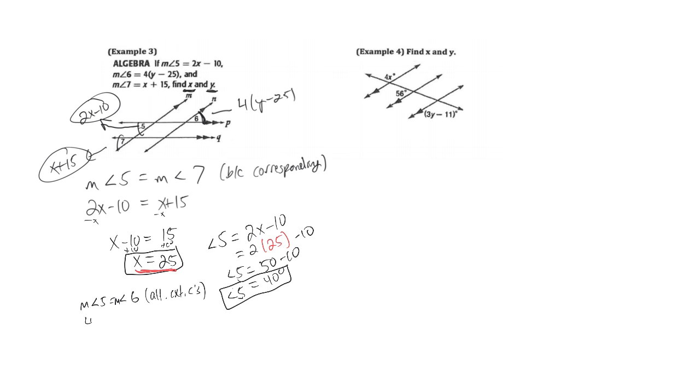So angle 5 we said was 40 degrees, and angle 6 is 4 times y minus 25. Now we can solve for y. Divide both sides by 4: 10 equals y minus 25. Then add 25 to both sides, and we get y equals 35.